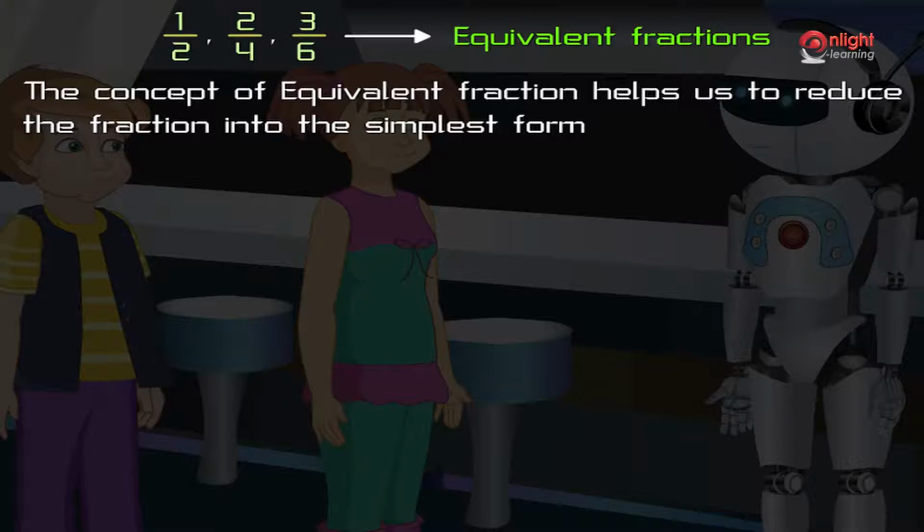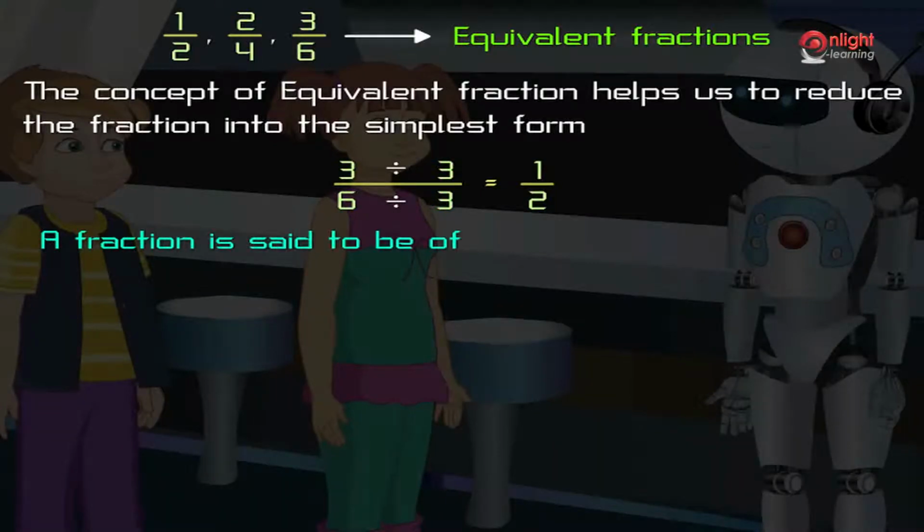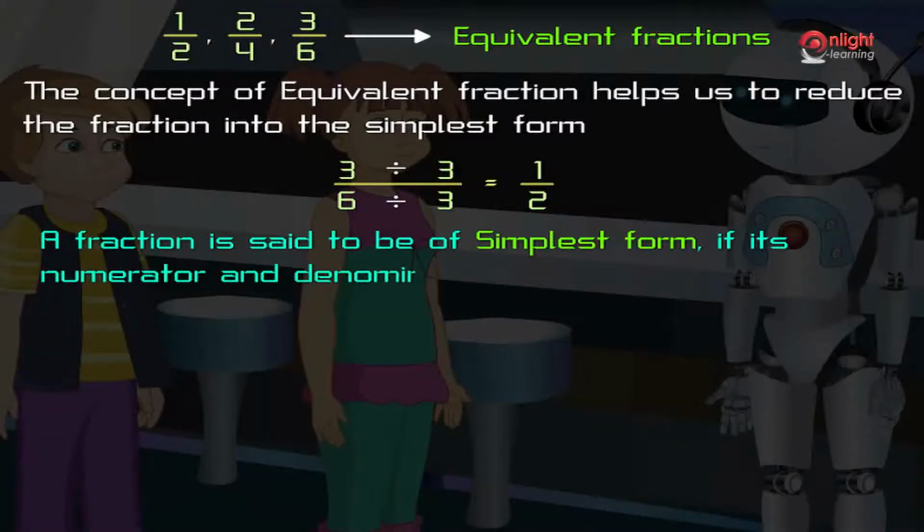The fraction 3 by 6 can be reduced to 1 by 2 by dividing both the numerator and the denominator by 3.